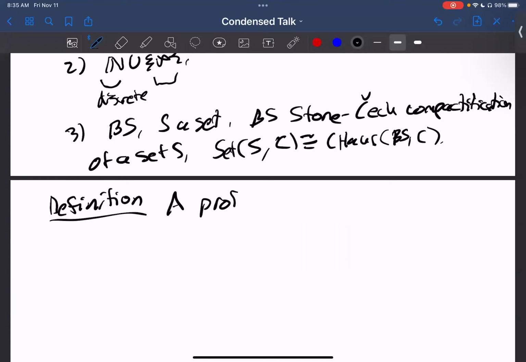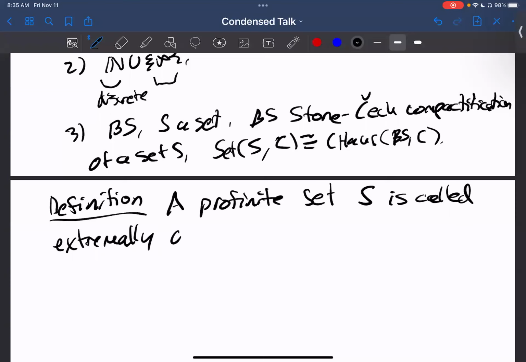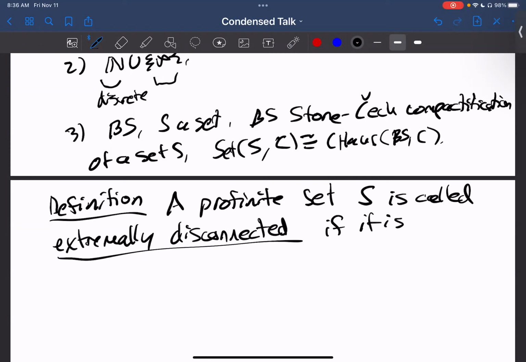Okay. This leads to our next definition. A profinite set S is called extremely disconnected if it is projective in the category of compact Hausdorff spaces. So what does this mean?